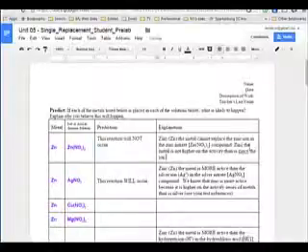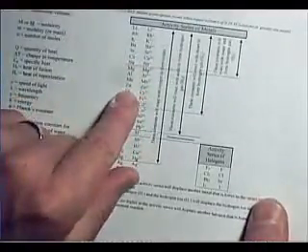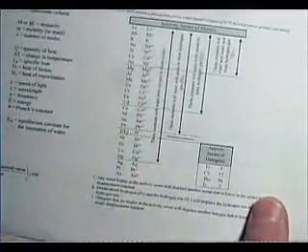Okay? I'll be glad to elaborate more because I'm going to show you that. So on the activity series of metals right here, zinc cannot be higher than zinc, the ion, because they're in the same row. So zinc, the ion, is the second column.